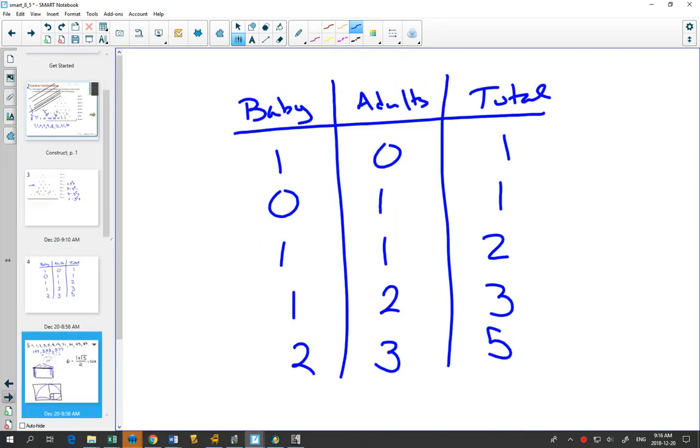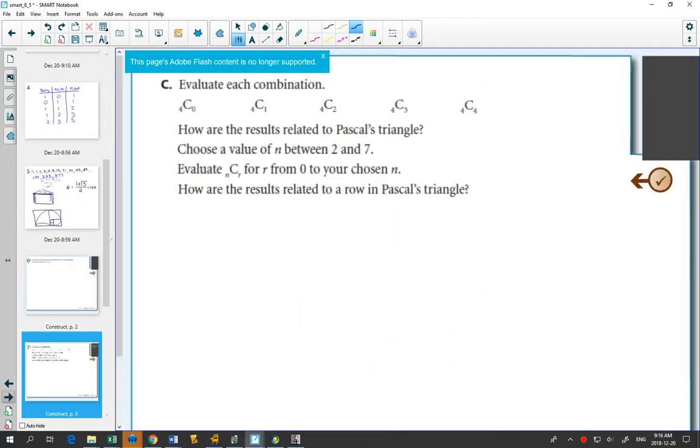Later on in your notes, they say, look at these ones: 4 choose 0, 4 choose 1, 4 choose 2, 4 choose 3, 4 choose 4. Well, this is 1, 4, 6, 4, 1.